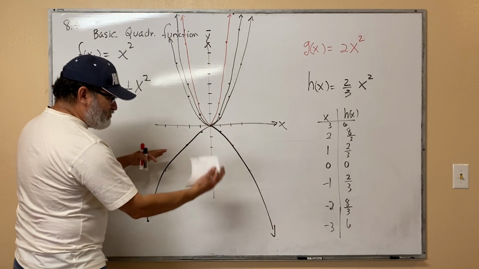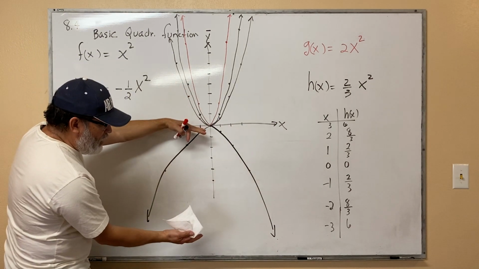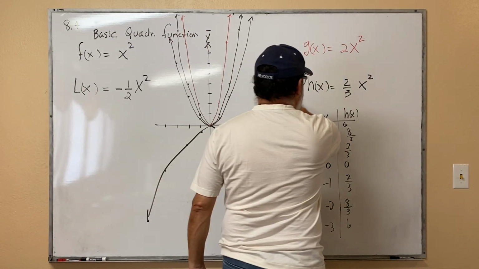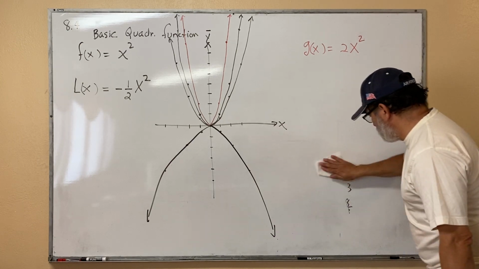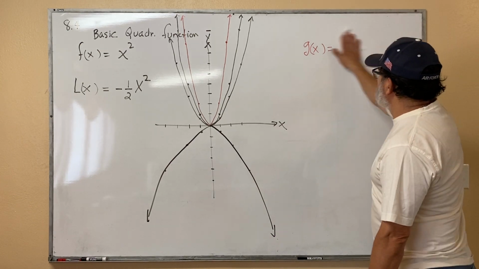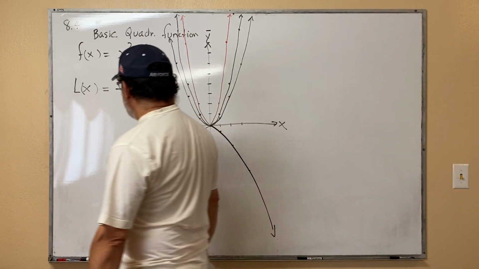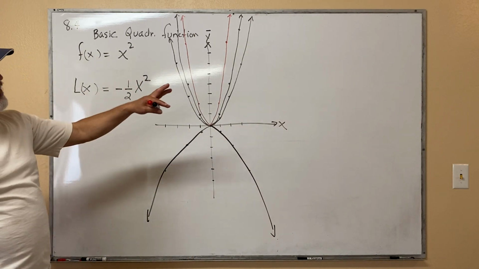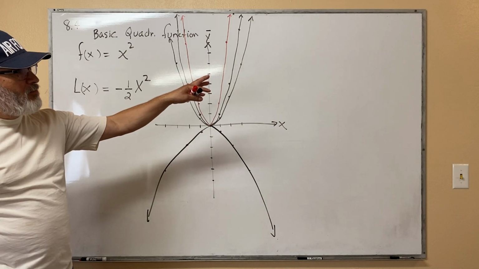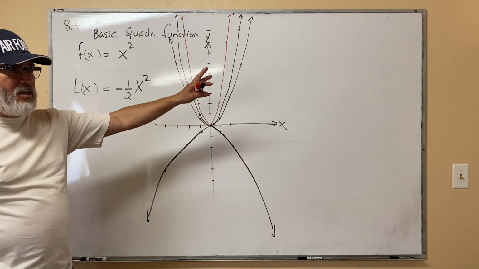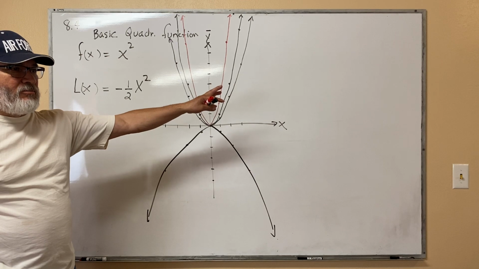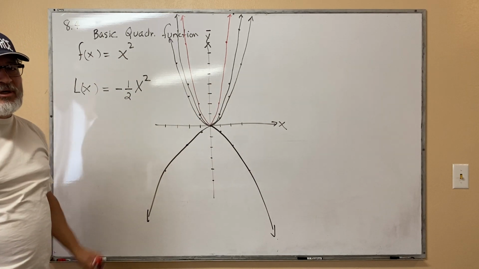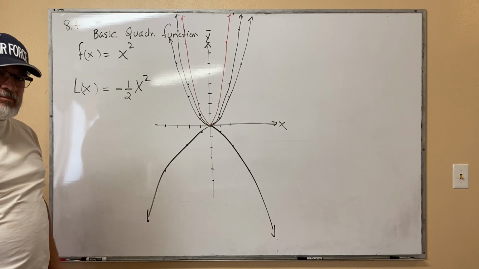It's kind of being compressed this way, so it was made wider. All right, so there you go. I graphed 4 parabolas, and they were graphed based on the basic parabola f of x equals x squared. Okay, very good.